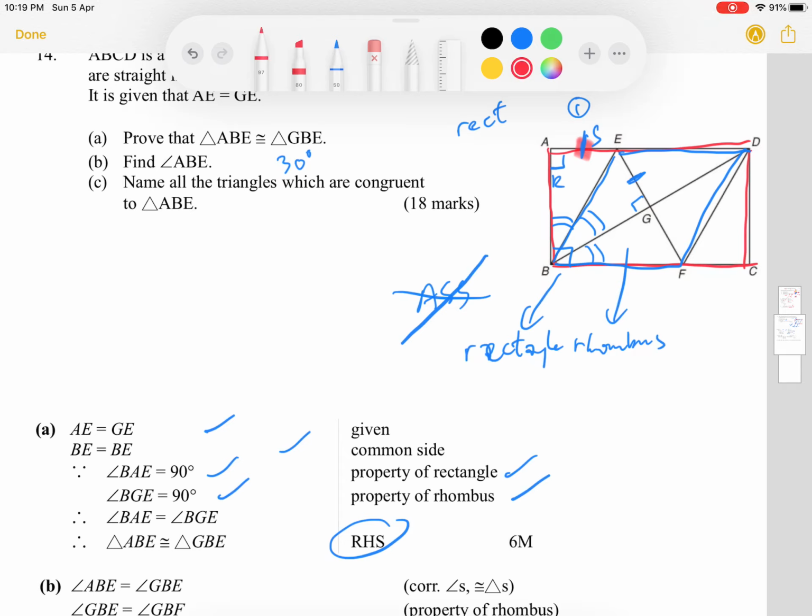And the last one, many students did not get full marks with naming. Just write it down, no need to prove.